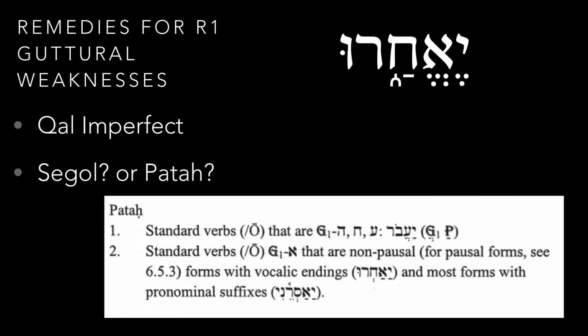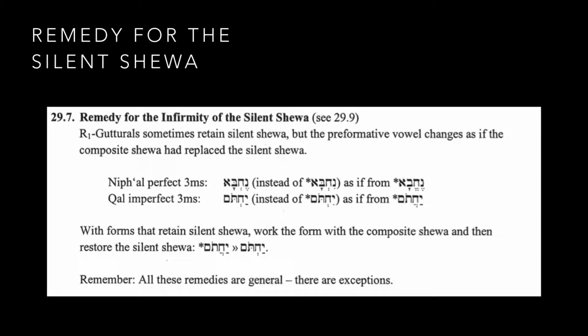Okay. Now, as it relates to remedies for the silent schwa, R1 gutturals sometimes retain the silent schwa, but the preformative vowel changes as if the composite schwa had replaced the silent schwa. He gives you a couple of examples here.